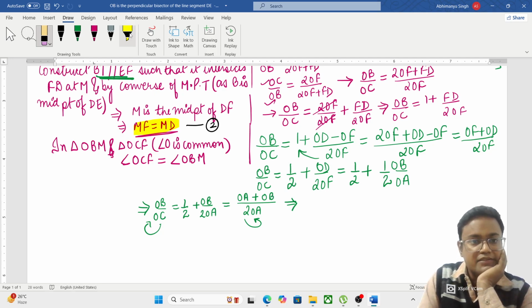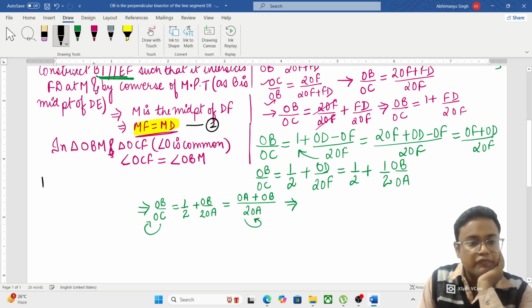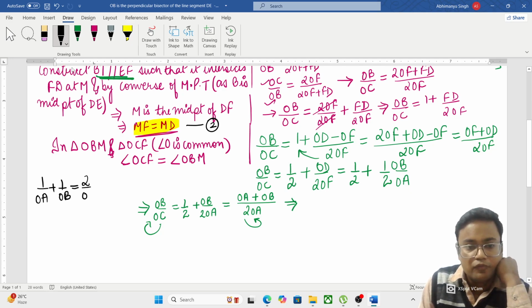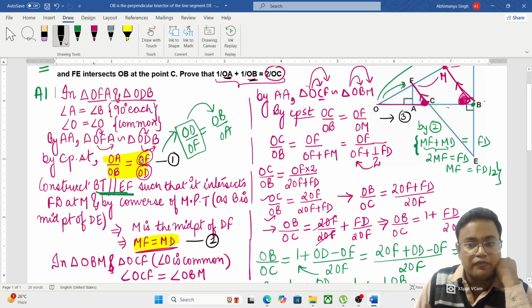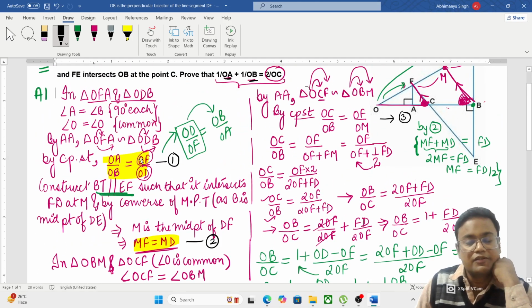We can take it here. What do we need? We want, let us review what we want, children. We wanted that 1 upon OA plus 1 upon OB equals twice of 1 upon OC. We can check whether we wanted this or not. Yes, that is the correct expression we can see here.